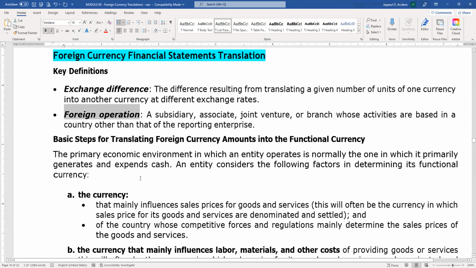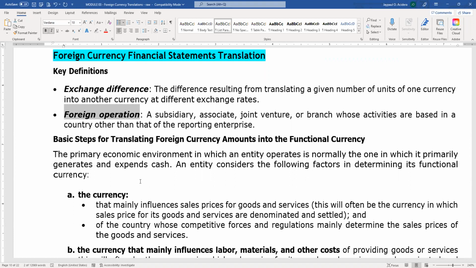Now, for the foreign operation, it is also important, class, to identify your foreign operation. It will trigger kung anong method yung gagamitin natin. Is it method 1 or method 2? Pag sinabi nating foreign operation, it can be a subsidiary, an associate, joint venture, or branch.